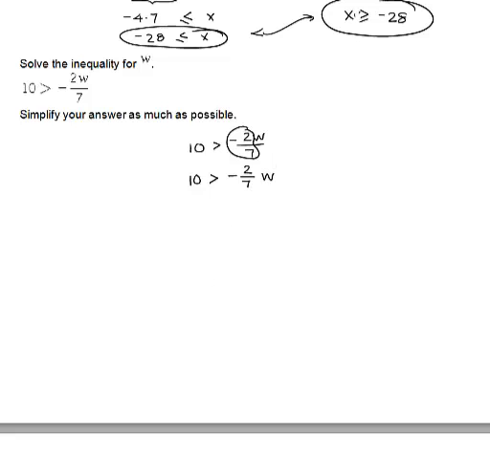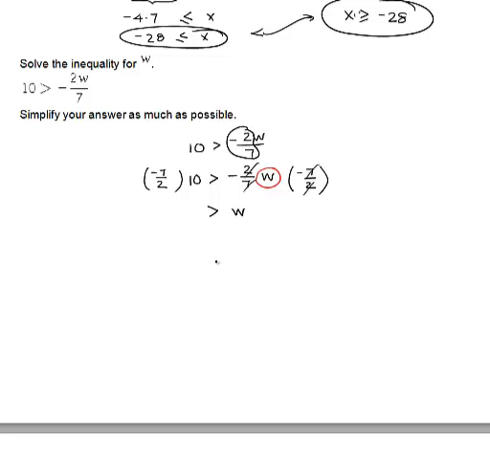So I want to get w by itself. I need to multiply by the reciprocal of the coefficient, which is negative 7/2. So I multiply this side by negative 7/2. These cancel. That's the goal.